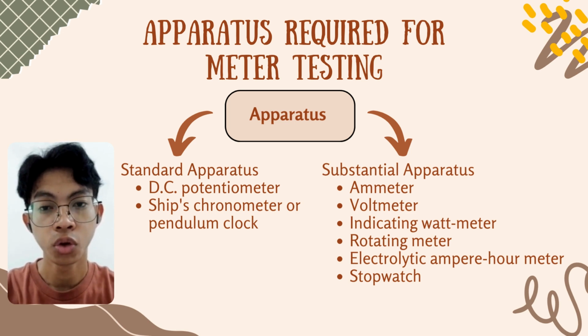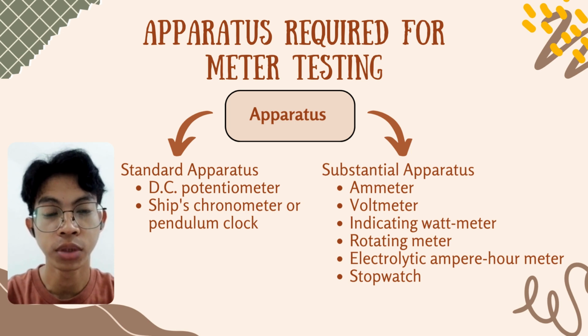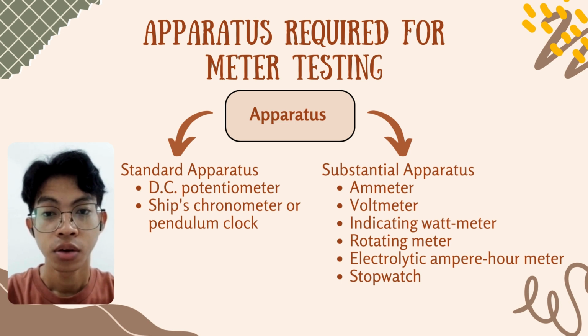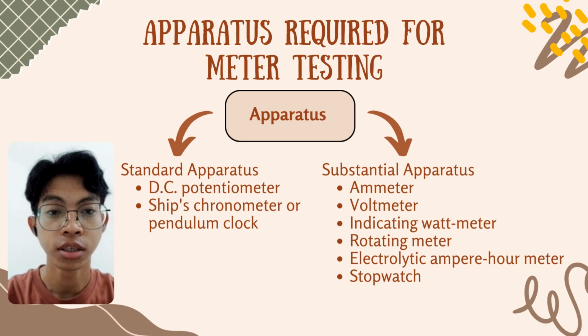To conduct proper testing of an energy meter, standard apparatus such as a DC potentiometer calibrated by the National Physical Laboratory is used for precise voltage measurement, alongside a ship chronometer or pendulum-type clock serving as a reliable time standard.